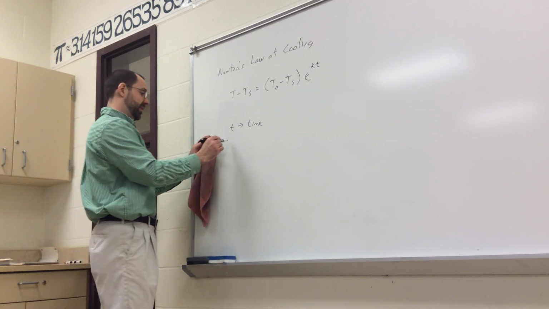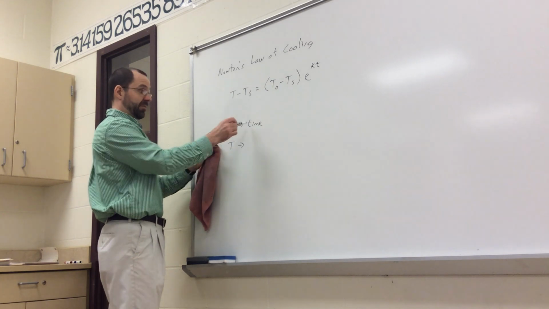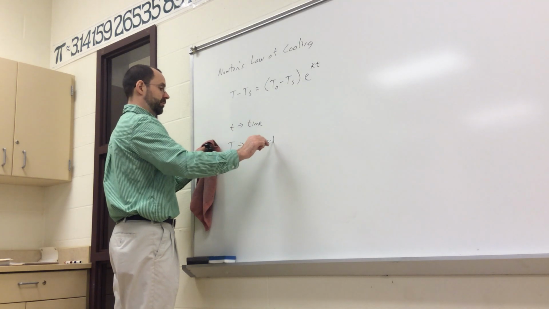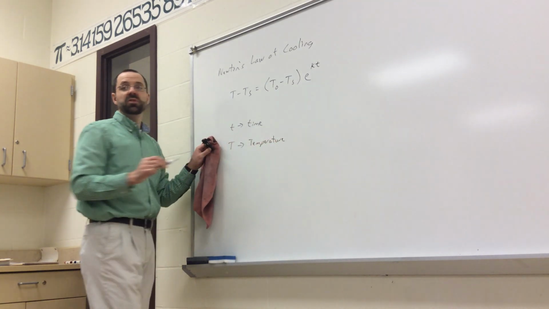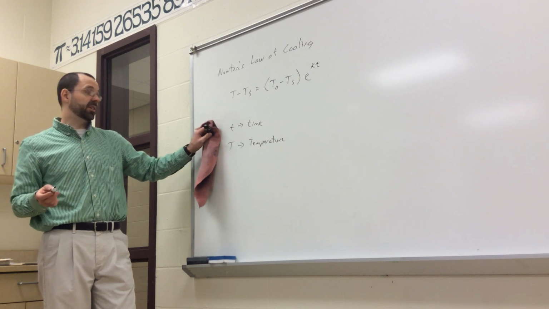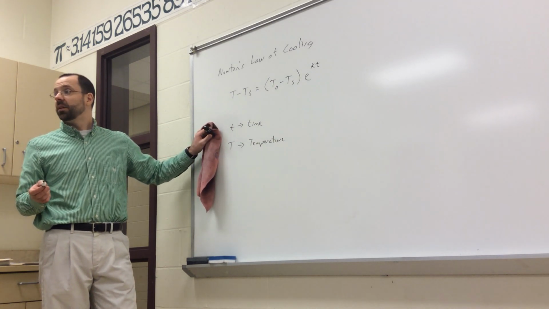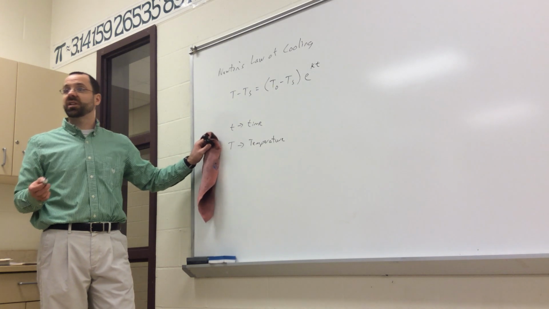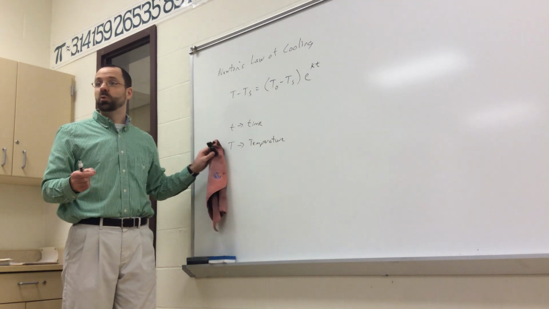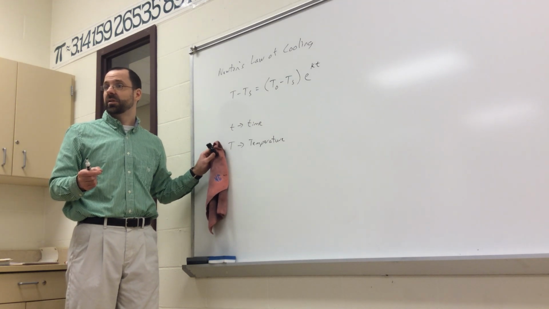And then the capital T represents the temperature after that amount of time. So it's a little bit confusing because we have capital T's and little t's. The capital T is for temperature and the little t is for time. So these are the variables. This is what's going to change in a problem. As time goes by, it's going to cool down, so we're going to get a different temperature.